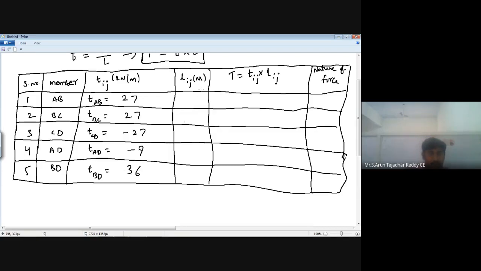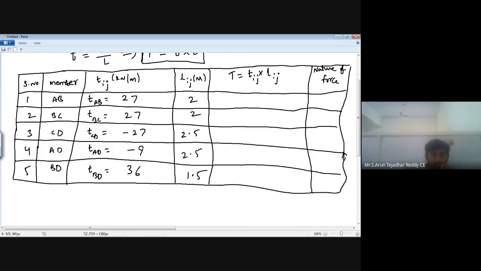And we know the length of members: 2, 2, 2.5, 2.5, 1.5. Based on these two values, find the force in the member, that is capital T, which means Tij into Lij.